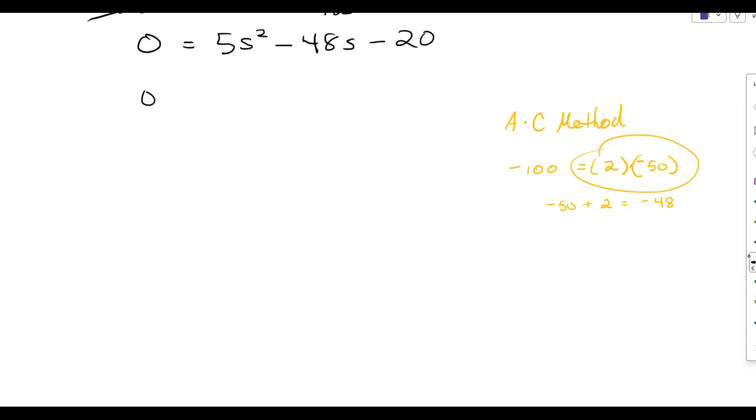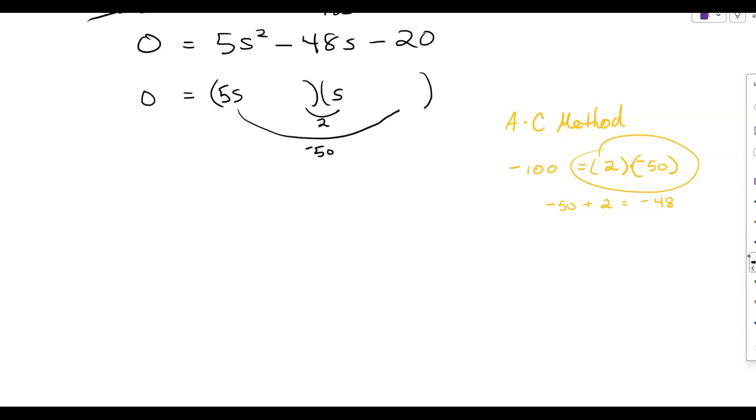So let's factor this trinomial, see what happens from there. So we will bring down the 0, open our 2 sets of parentheses, right? Now, the cool thing, 5, you can either have 5s and s, right? So that starts you off. Now, one of these has to be 50, one of them has to be 2, right? So we have to have maybe 50 where the 5 is, right? Actually, it's going to be negative 50.